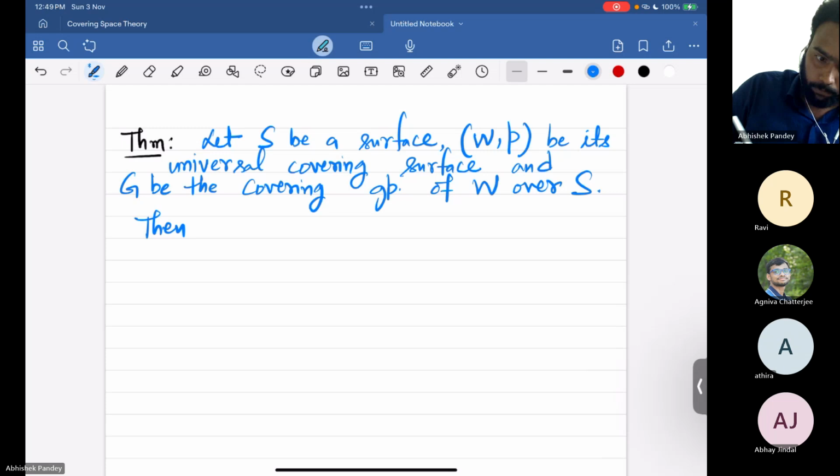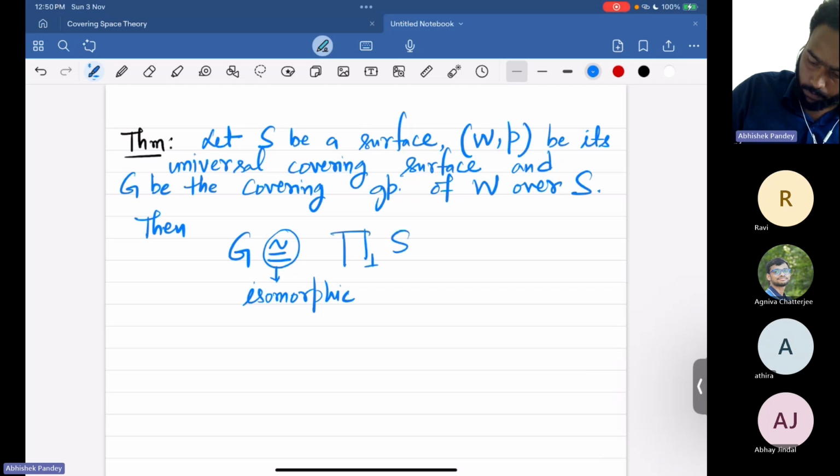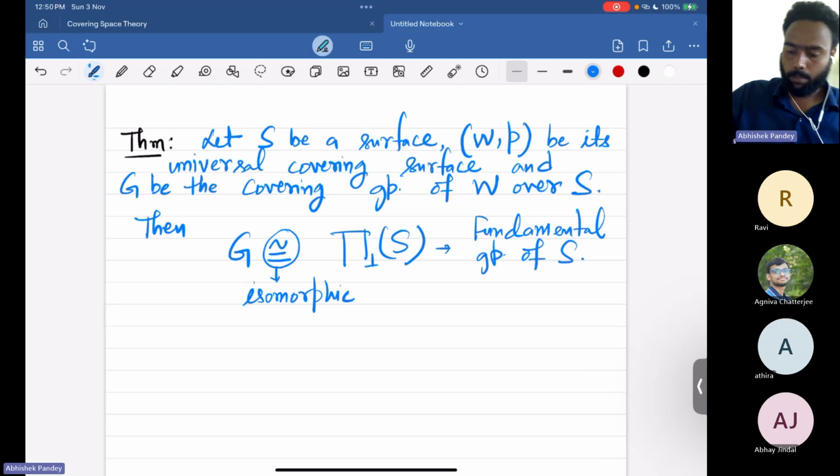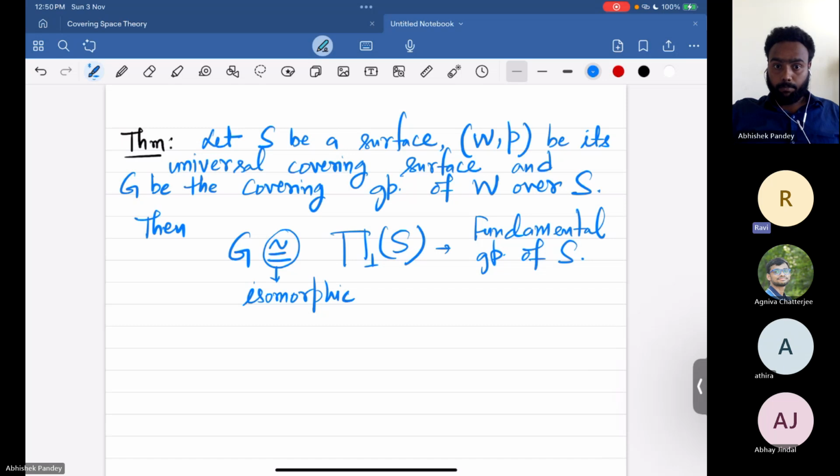Then basically this G is nothing but isomorphic to the fundamental group of the surface S. So now you can see why we are considering the fundamental group of S. That's why whenever this fundamental group is trivial, you will get the D or C star as your universal cover.